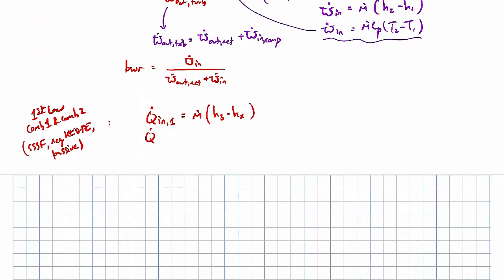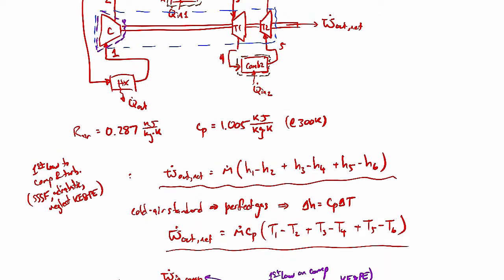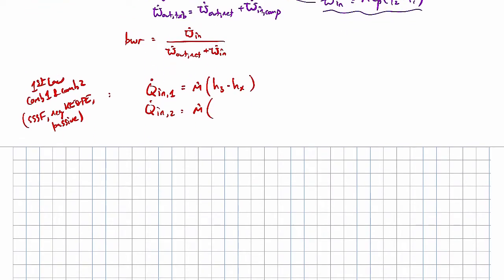And the Q dot in from the second combustor will be m dot, and if I look up here, it should be (H5 minus H4). And since we're dealing with a cold air standard analysis, I can write this as Cp delta T. So this would be (T3 minus Tx), and the bottom one will be Cp times (T5 minus T4).